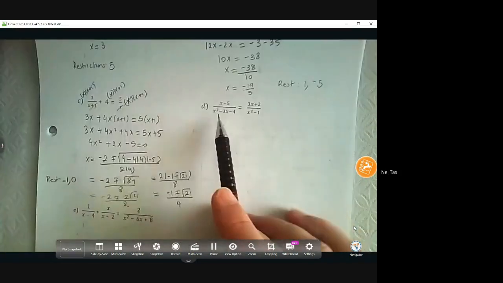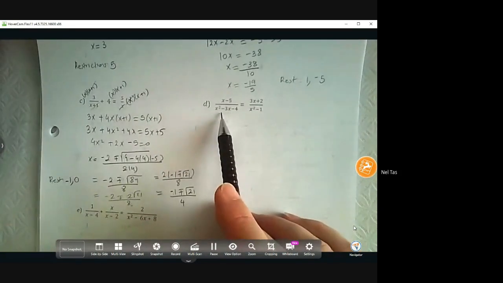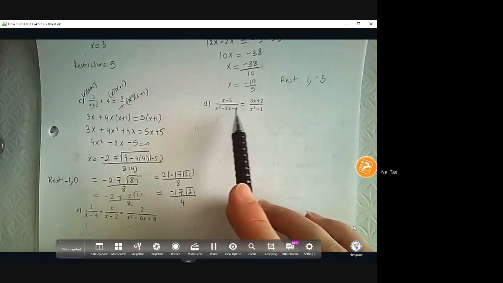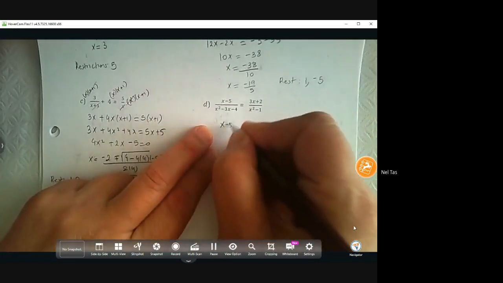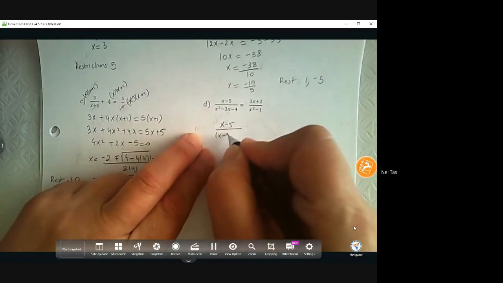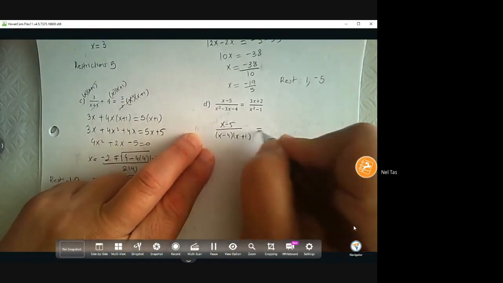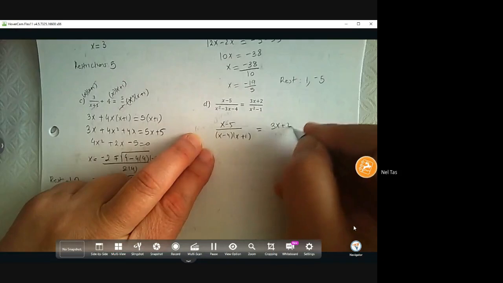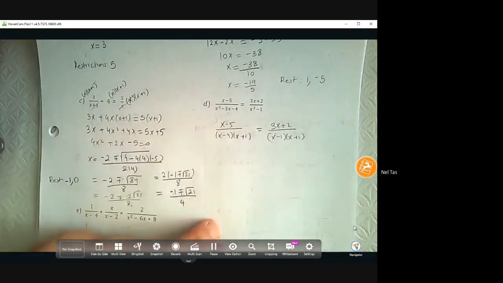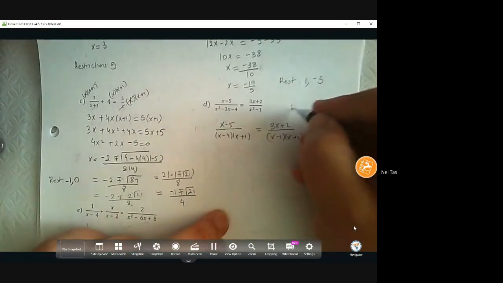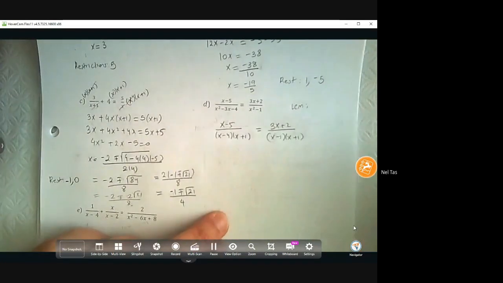But here, the denominators are factorable. Okay, we will start with that. So (x minus 5) over (x minus 4)(x plus 1) equals (3x plus 2) over (x minus 1)(x plus 1). Okay, then write the LCM.